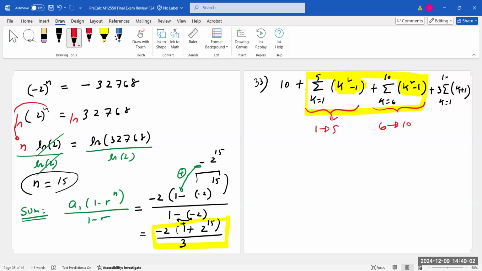In other words, we can combine this into one sum, k from 1 to 10, because we don't have any gap between 5 and 6. It's only 1 unit. So we start from 1 and add a total of 10 terms of the sequence k squared minus 1.